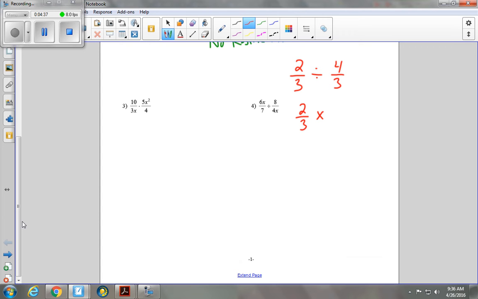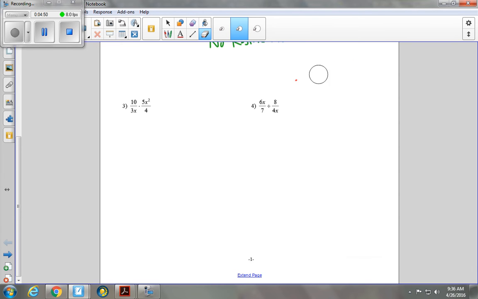So the same as multiplying by 3 over 4. Are you guys okay with that? Okay, so now that we know that, we're going to use that idea and do that with our polynomials. So as soon as you see dividing by, what we're going to do is flip it.